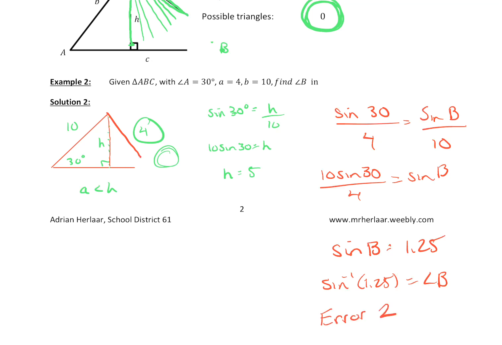Most calculators will say error 2. That means that it does not exist. It'd be like if you tried to divide by 0, you get error 2. That means it's some mathematical not allowedness going on. If you get error 1, it just means you typed something in wrong into your calculator. It doesn't understand your syntax. Error 2 means no, no, no, that's not possible, world explodes. Cosine and sine, right?